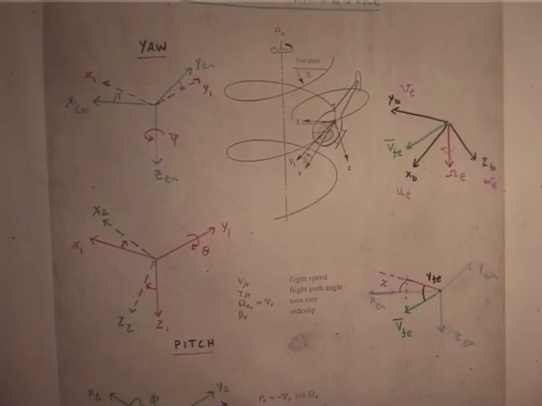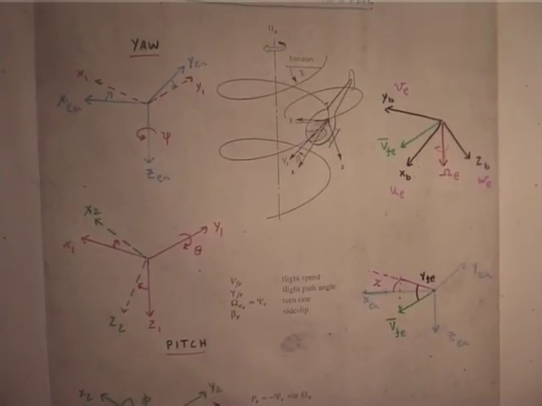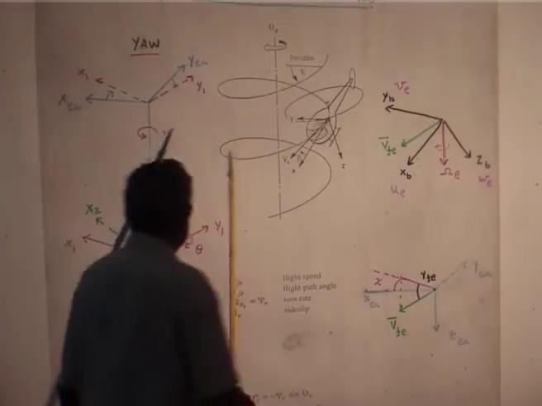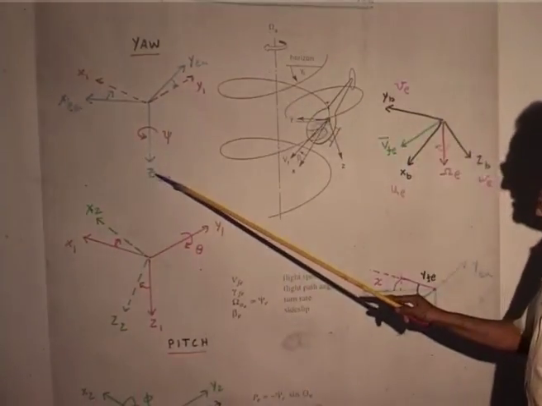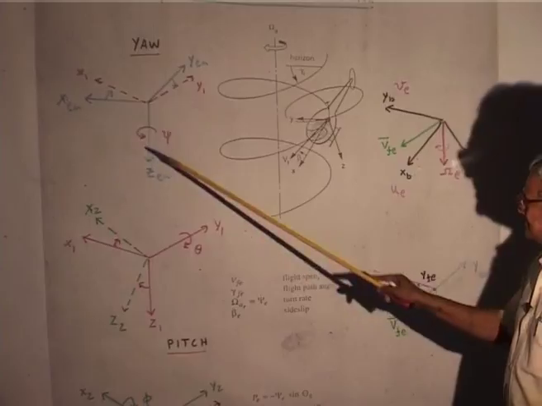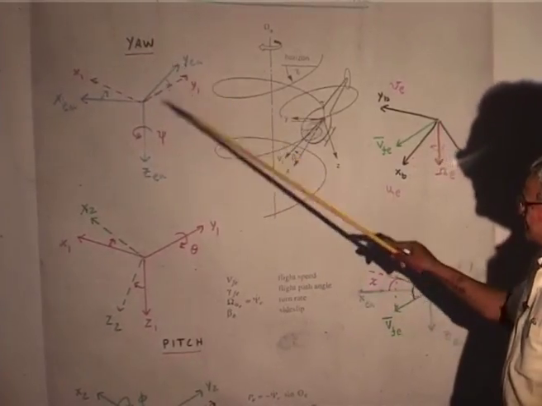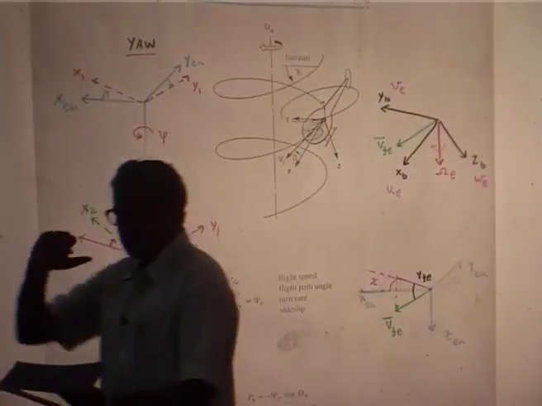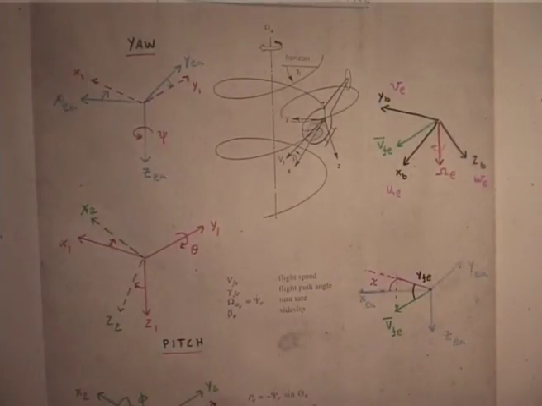Yaw, pitch, roll is the sequence, all counterclockwise. That is what I have shown here. First, this is Z earth, X earth, Y earth. I give a psi rotation counterclockwise. I get the coordinate system x1, y1, and of course z1 is the same as Z earth.